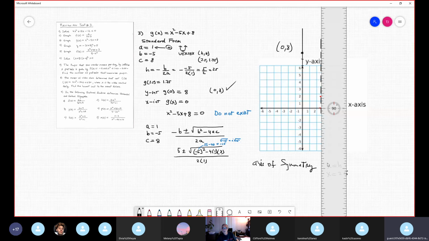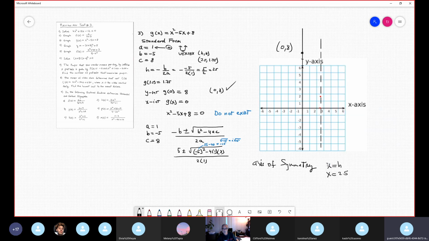Using common sense, seeing the axial symmetry, we can take advantage of this fact to plot one point here. We have this point, and we have another point here that is symmetric, the same distance, which is 2.5 plus 2.5, that is 5.